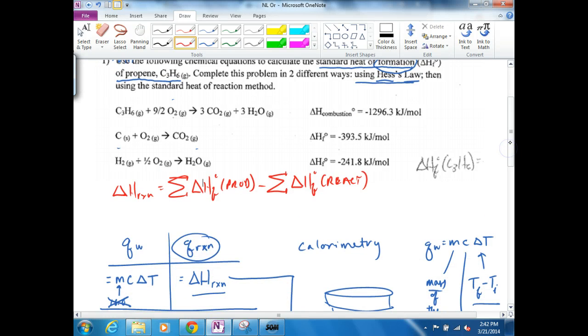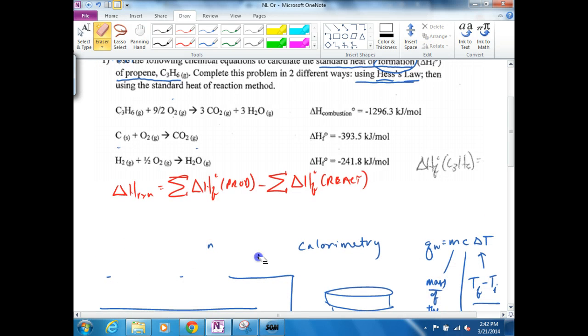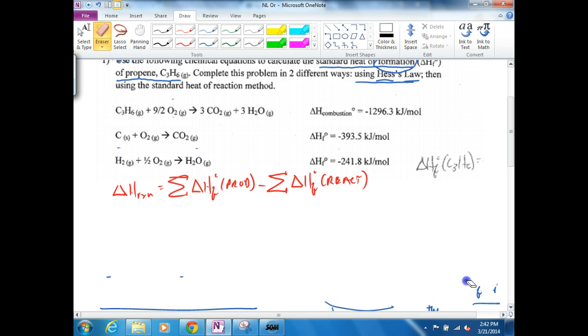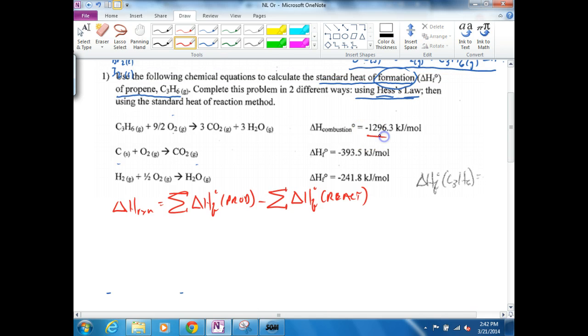But what we're going to do is set up this equation as if we were going to solve for the final result. But because we know the final result, which is right here, we're going to set it up for the first equation and then solve for the unknown heat of formation of C3H6. So what's that going to look like?